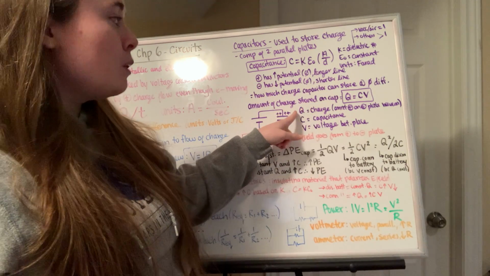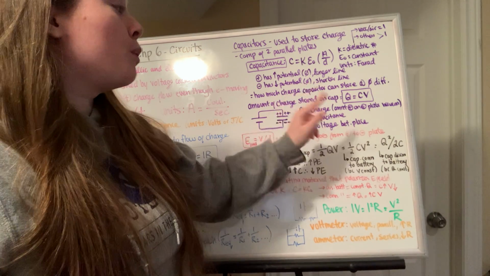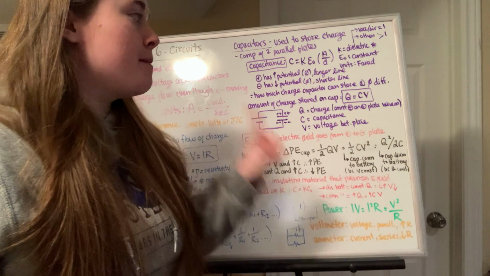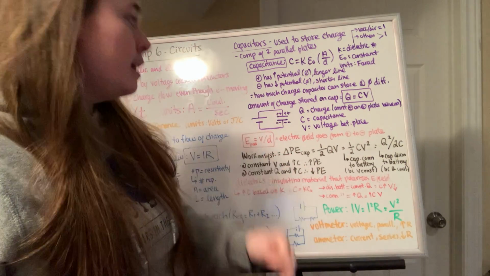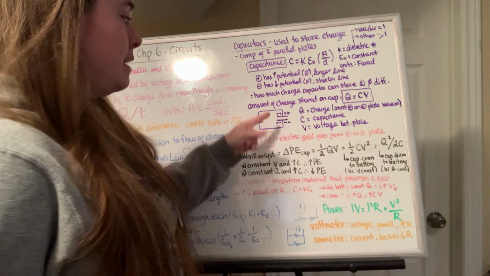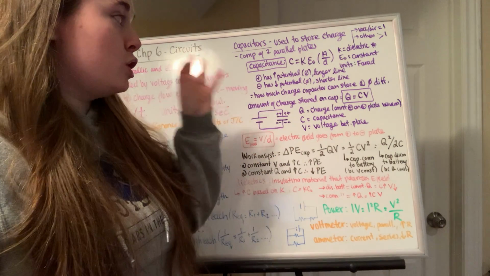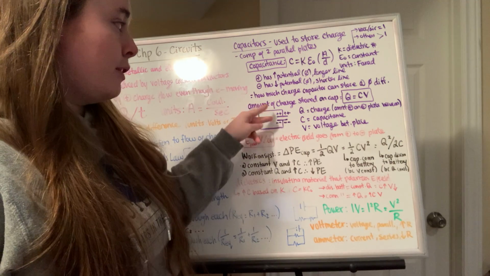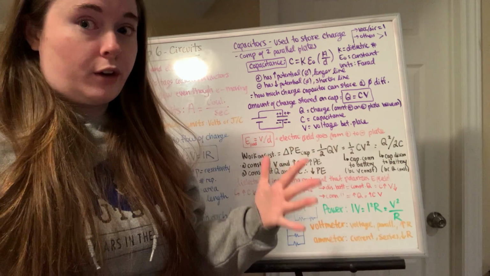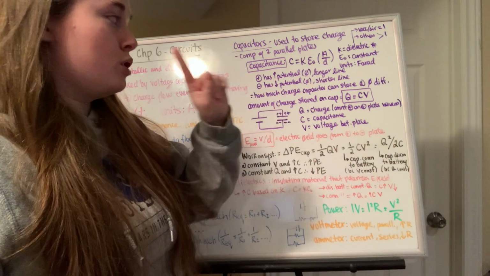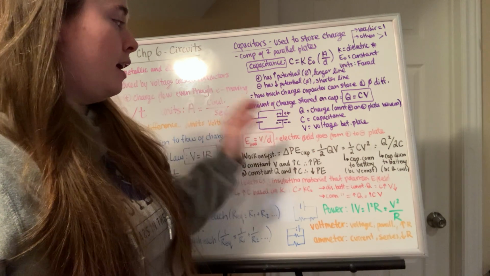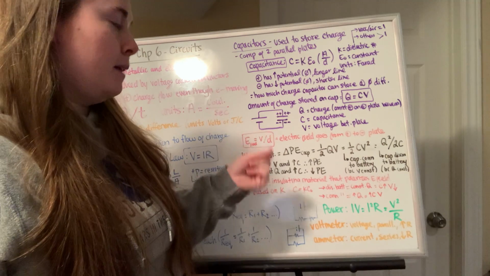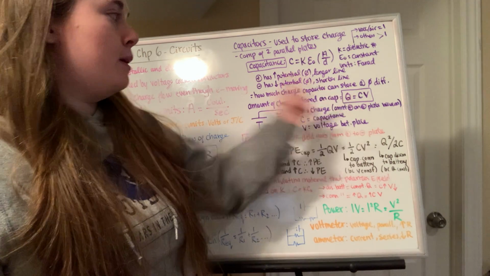So when we're looking at this charge, we're talking specifically about the amount of positive charge on the positive plate or the negative charge on the negative plate, not the total, okay? Because like I said, they're equal, so that wouldn't work in our equation. So we're literally talking about just the amount of positive charge on the positive plate, and the amount of negative charge on the negative plate, for the charge that we're referring to in this equation.